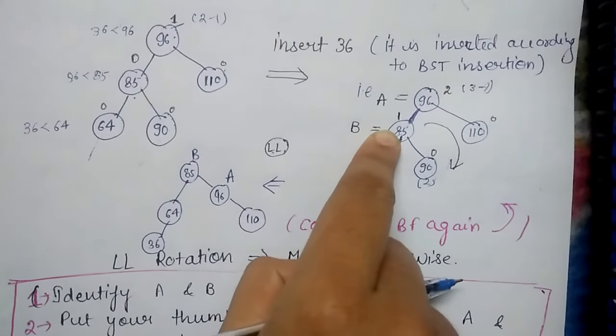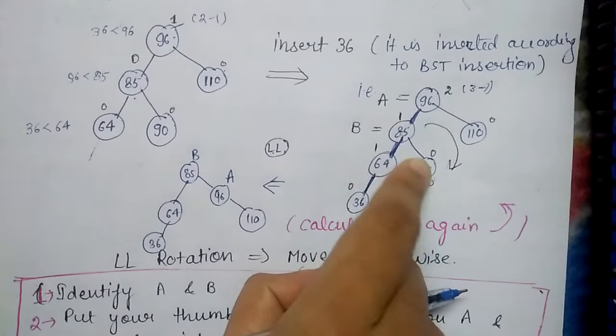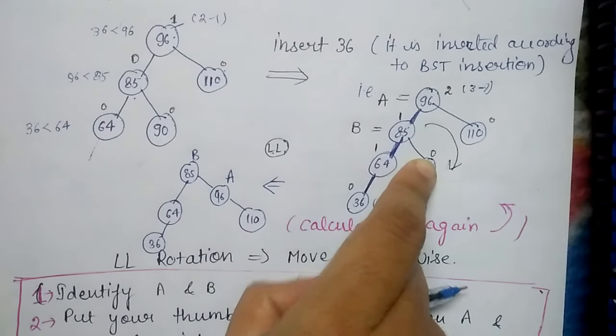But here you can see that B's right child is also there, that is 90.